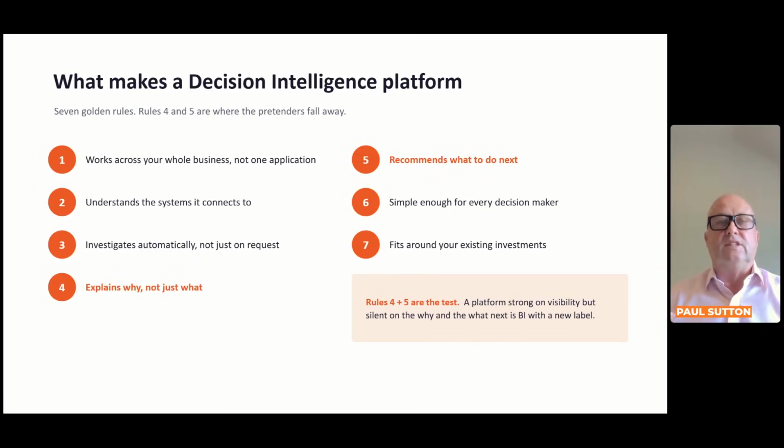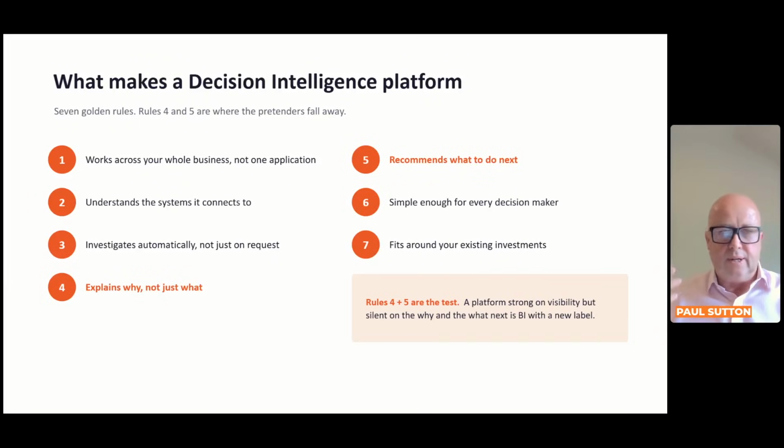The other important thing in a decision intelligence platform is that it understands the system that it connects to. People on this call who run JD Edwards will understand it's quite an idiosyncratic system. Julian dates, decimal shiftings, lookups and joins, et cetera.